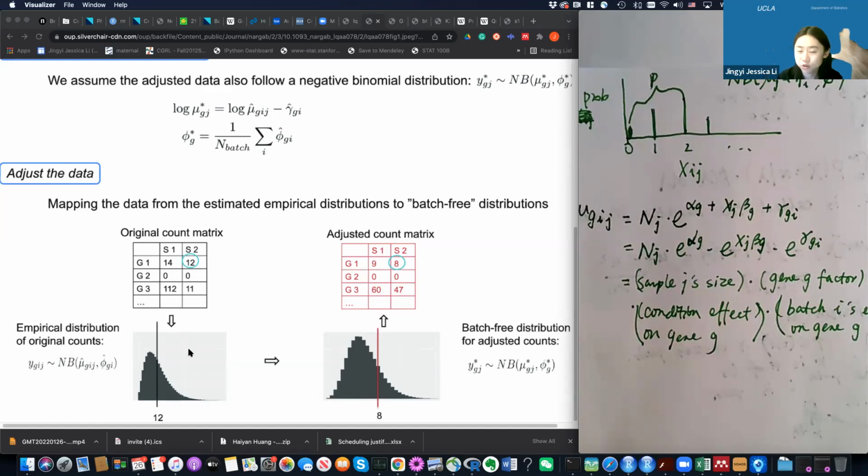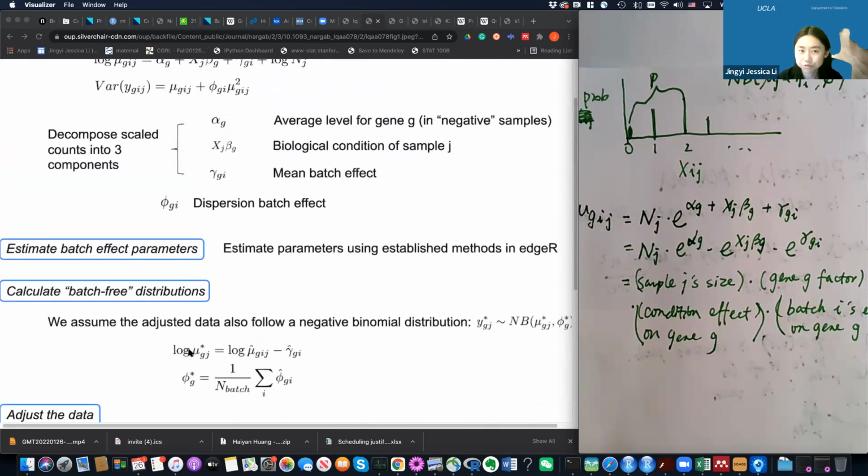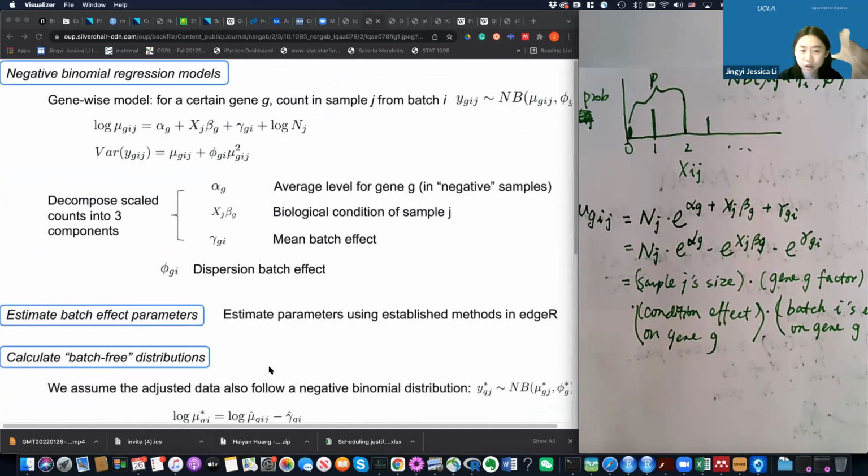A natural consequence is that once you do all the parameter estimation, this beta G hat, that estimate would allow you to do a differential expression test, because the differential expression question embedded in this model is whether beta G equals 0. But this is all based on this parametric model. If this model doesn't fit your data well, then the result could be useless.